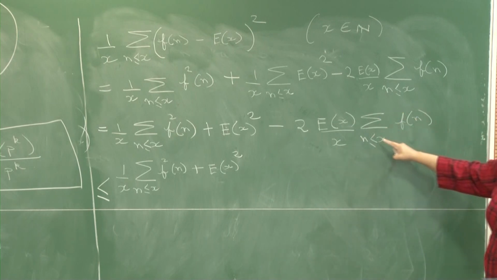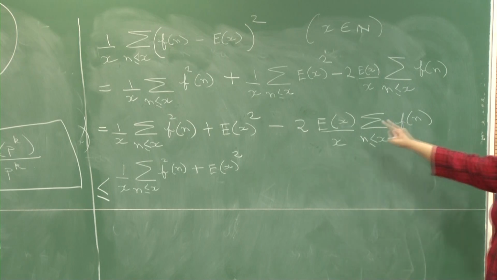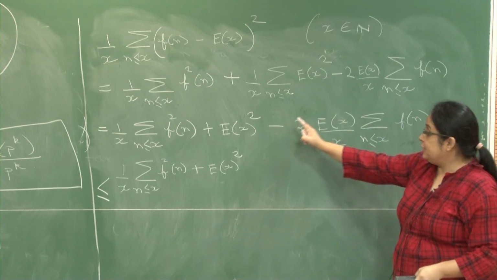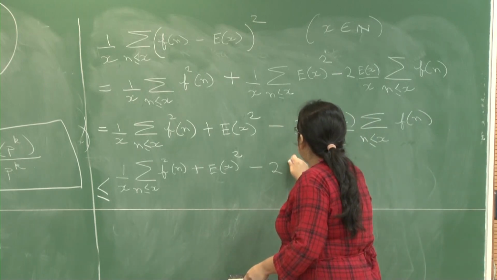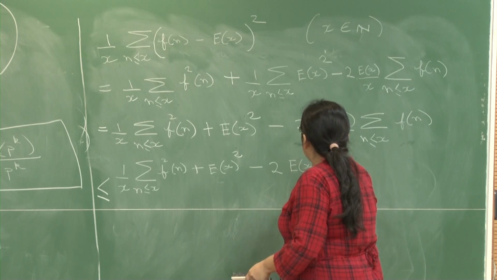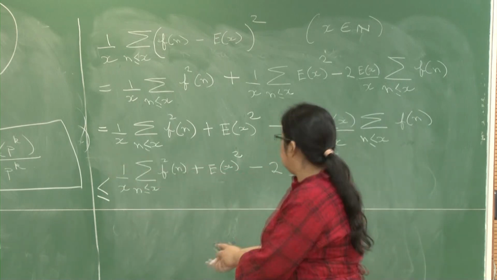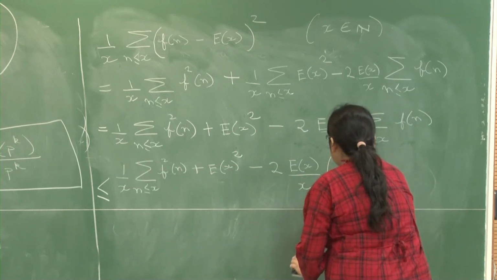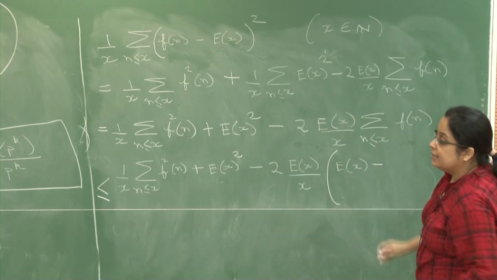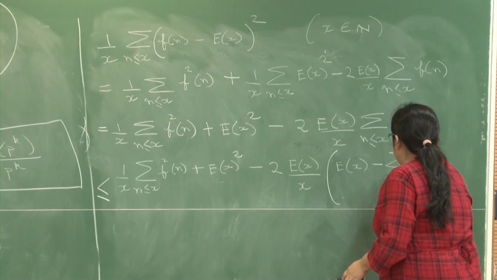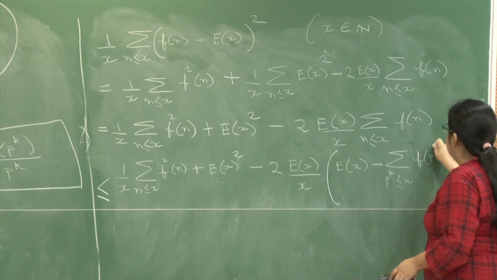Now, we have a lower bound for this summation f of n, but then there is a negative here. So, this will be less than or equal to negative of 2 E of x over x times the term E of x minus summation p^k less than or equal to x f of p raised to the k.